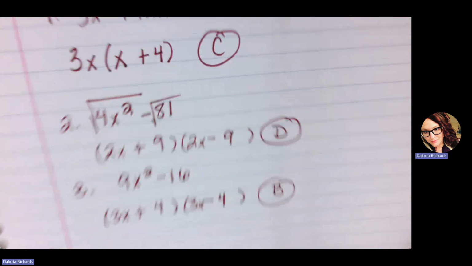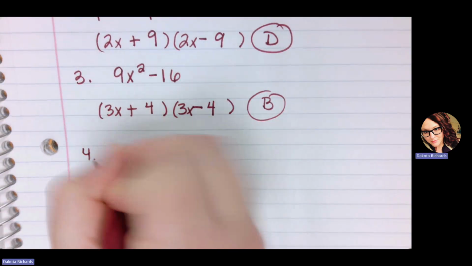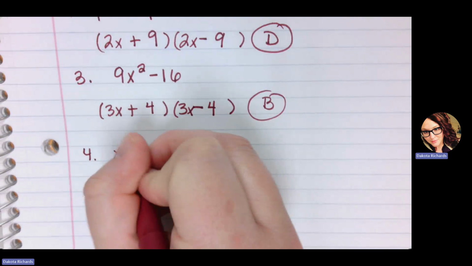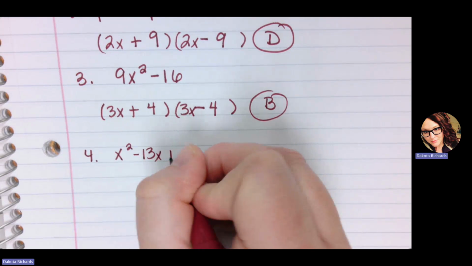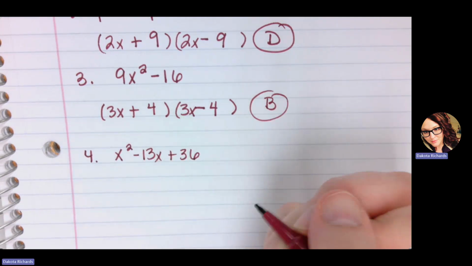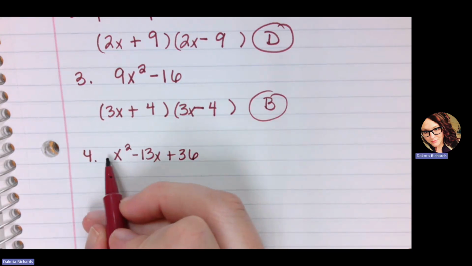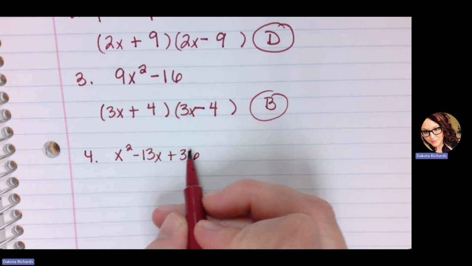Okay, number 4. We've got to factor x squared minus 13x plus 36. Okay, so this is a trinomial where a is 1, so there's not going to be a GCF.